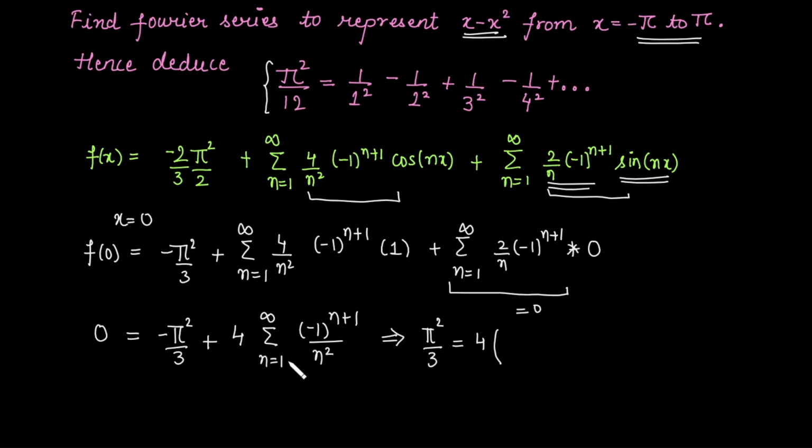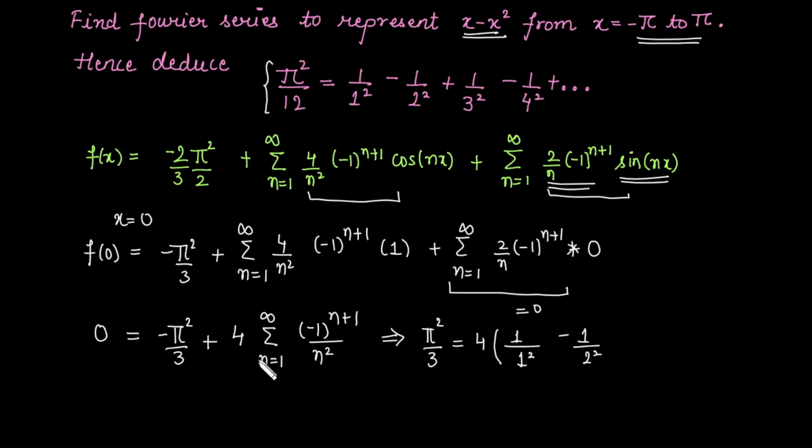When you take n equal to 1, minus 1 raised to power 1 plus 1, that is 2, so minus 1 square is 1 divided by 1 square. Next term is n equal to 2, so minus 1 raised to power 2 plus 1, that is 3, so minus 1 raised to power 3 is minus 1 divided by 2 square.